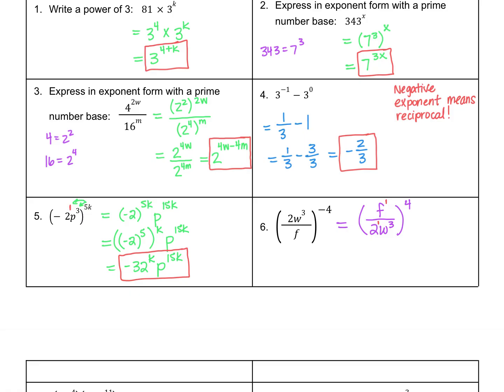So every exponent on the inside is going to be multiplied by the 4 on the outside. So this is going to be equal to f to the power 4 divided by 16, because 2 to the power 4 is 16, w to the 12th power.